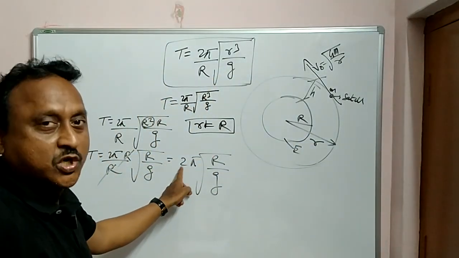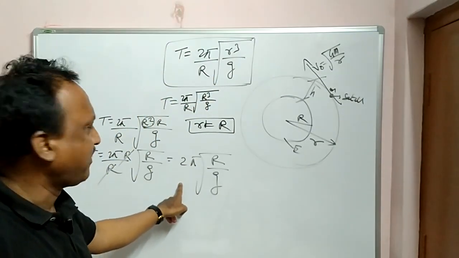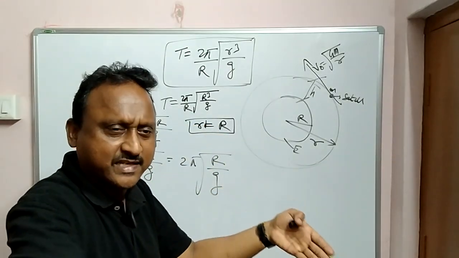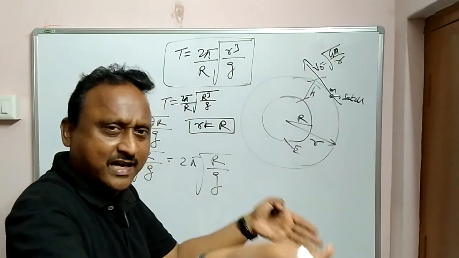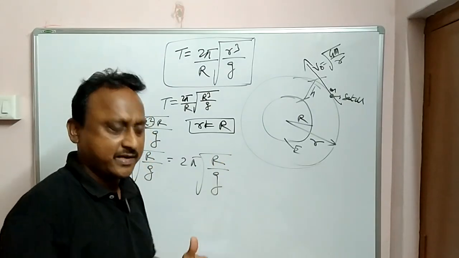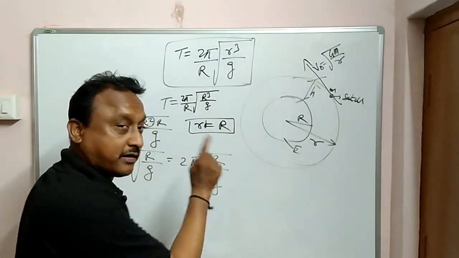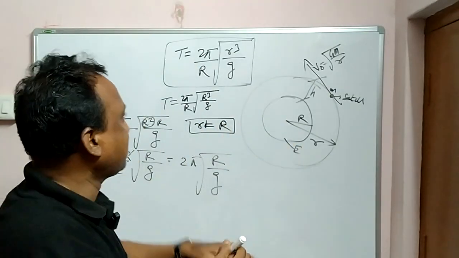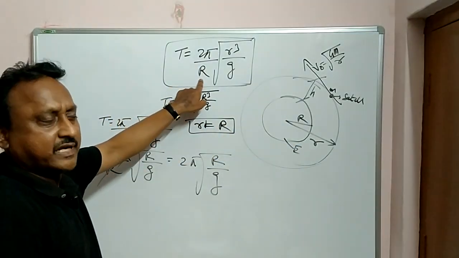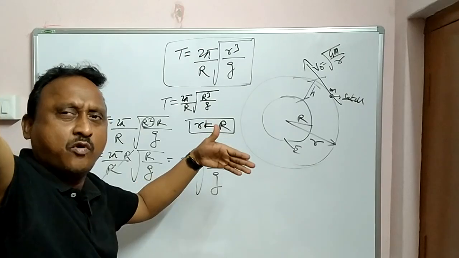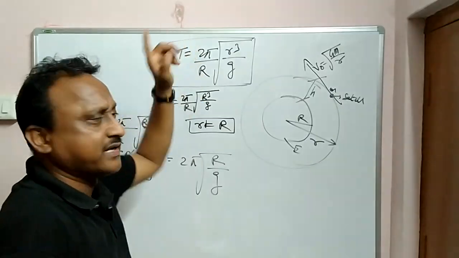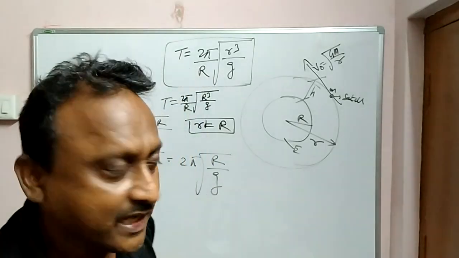Then the formula takes 2 pi, constant 22 by 7 or 3.14, the radius where it is revolving, and g 9.8. When should this be used? Not always. When the satellite is very near to the surface, use this; otherwise you have to use the general formula. When it is revolving with a bigger radius, then small r is the radius of the satellite and capital R is the radius of the earth. Clear?